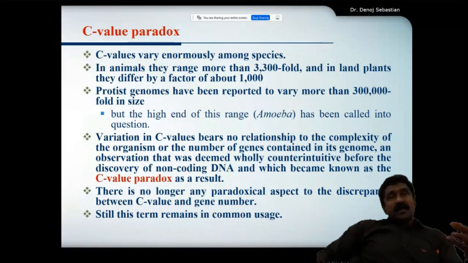The C value paradox is the fact that the C value bears no relationship to the complexity of the organism or the total number of genes present in the organism.